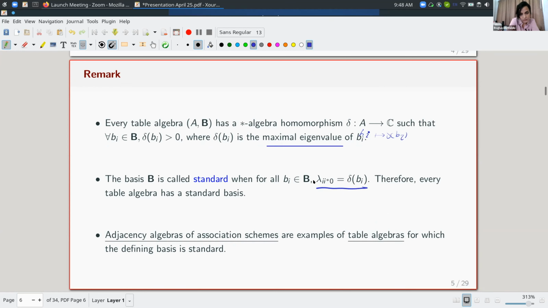Even if it isn't standard, we can rescale each basis element and get a standard basis. As an example of table algebras, we refer to the adjacency algebras of association schemes, which obviously have the standard basis.